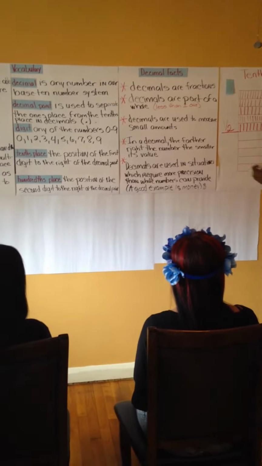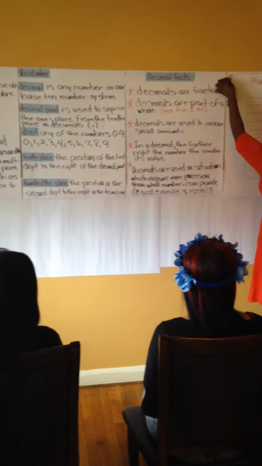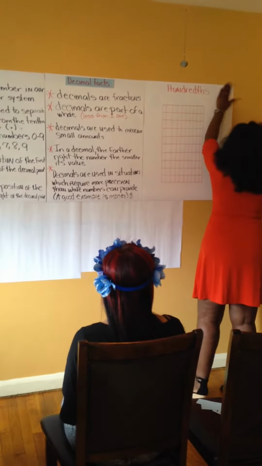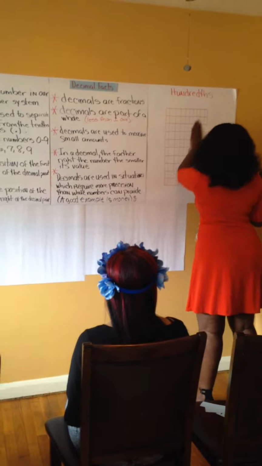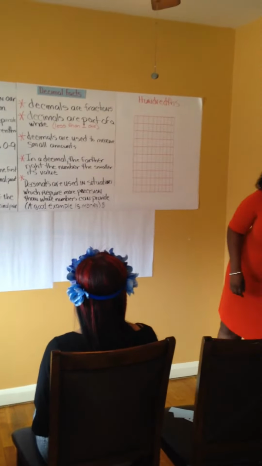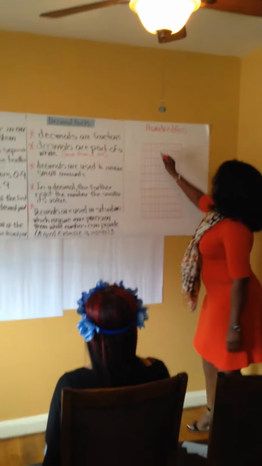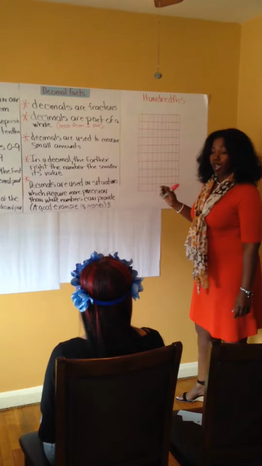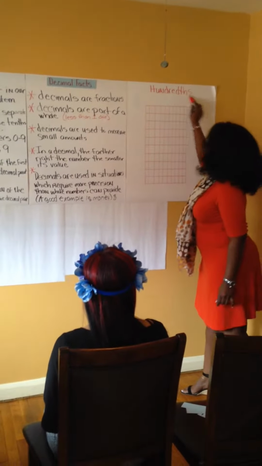So let's look at our hundredths chart. We did tenths, and it's almost the same exact way, other than now we have one whole, which is the entire box, but we have it broken down into hundredths.